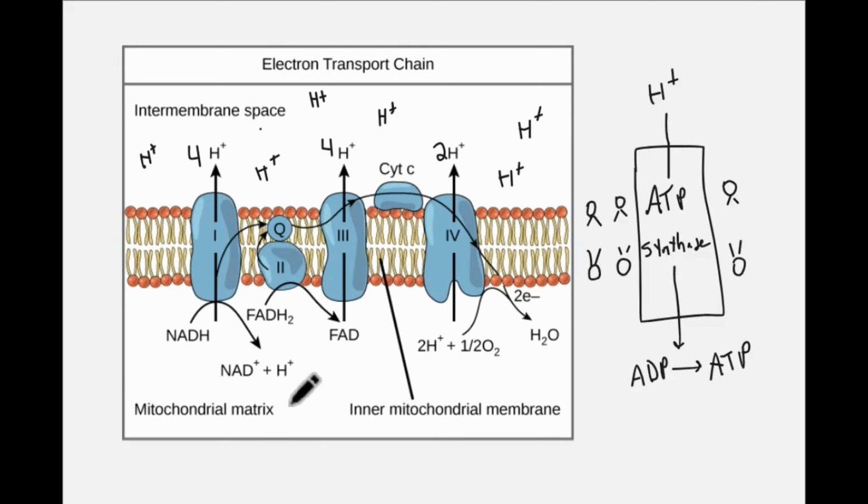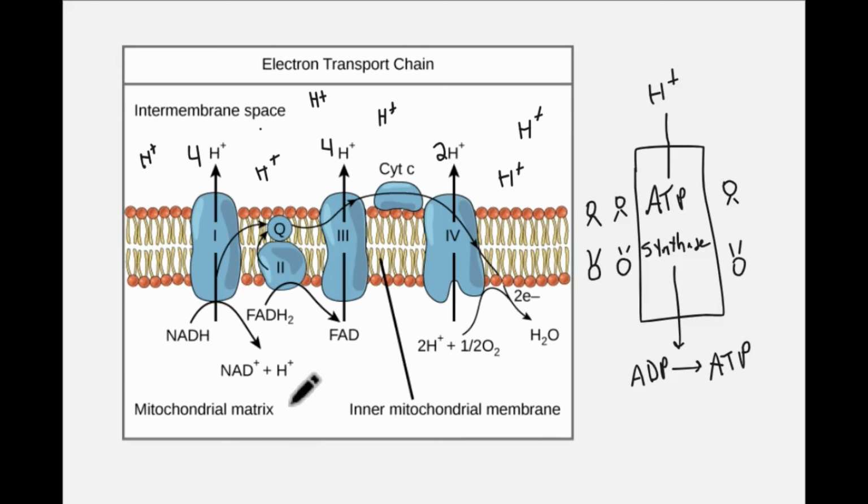So what happens in ATP synthase, and again, this is all happening in the same location, I just added this onto the drawing, is that ATP synthase lets protons flow from the intermembrane space into the mitochondrial matrix, right? So it's flowing back down its concentration gradient. And since it's going down its concentration gradient, this does not require any energy to happen. It'll just naturally happen this way.